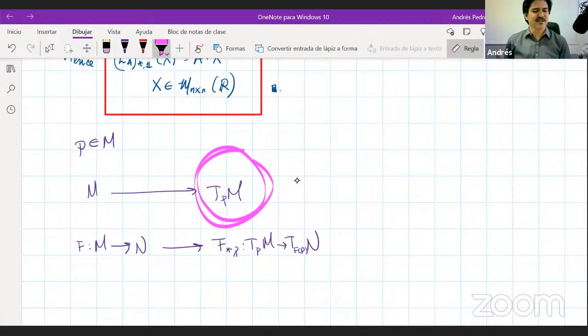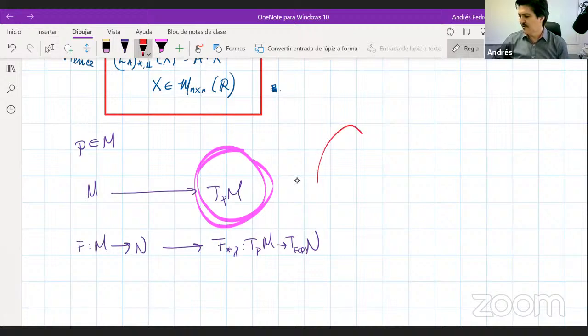And also the whole idea is that locally on the manifold about P, more or less you can understand what is going on there on the manifold if you go to a neighborhood of the origin of T_P M. And it is very much what you have in calculus.